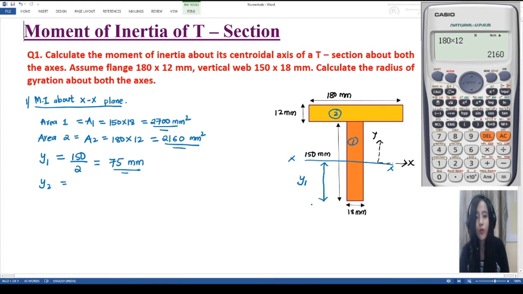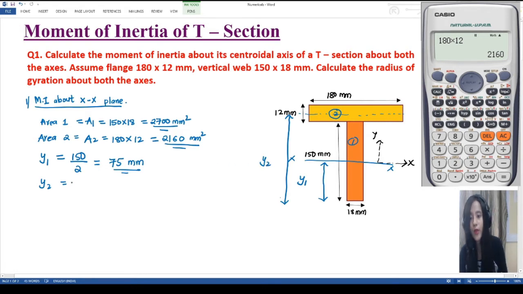Since I'm going from bottom to top, I need to go all the way from bottom till half of this section 2, the half of this flange here. This will be my y2 distance.